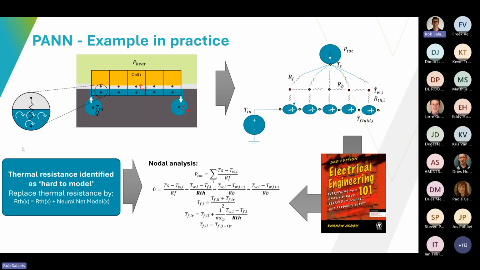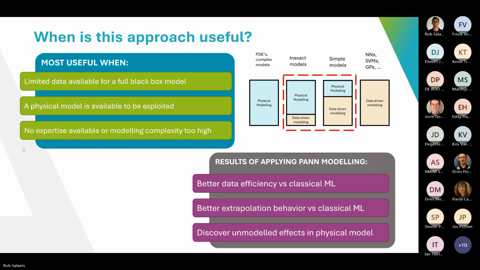So here it is the thermal resistance between the liquid and the base plate. Okay, and then you get these kinds of equations, but the equations don't matter that much. So that was a quick example of what a PAN model does.